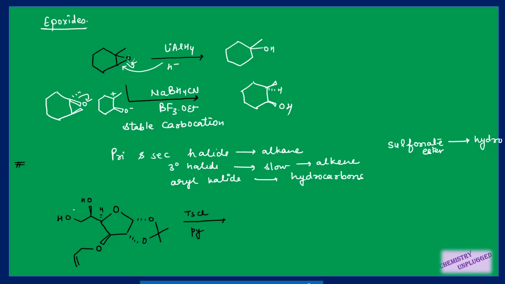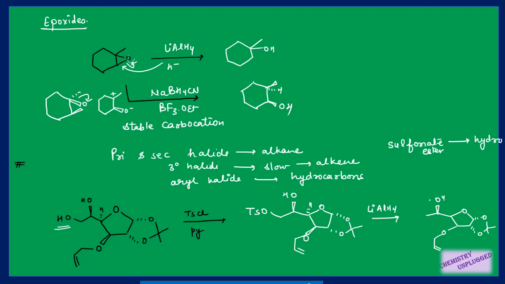We have here primary and secondary OH, so it will preferentially attack this primary OH and form a tosylate group here, right. Then we will use lithium aluminum hydride, and this lithium aluminum hydride will remove this whole group. It is preferentially attacking this sulfonate ester without affecting all these other functional groups.